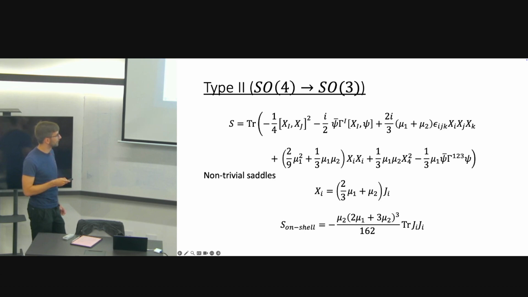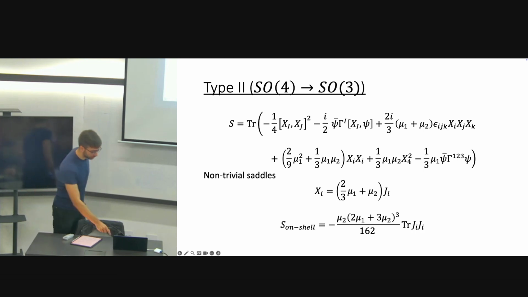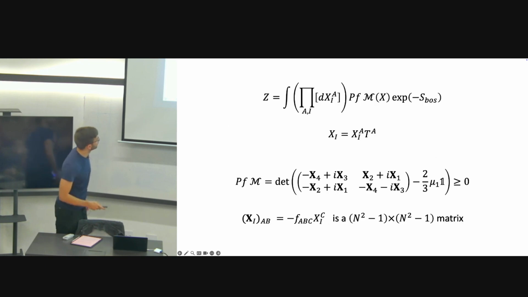So the one that is leading, if I want to take a large mass, is the irreducible saddle, right? If you want to maximize trace of J squared, you should go for the irreducible saddle, the irreducible representation of SU2.